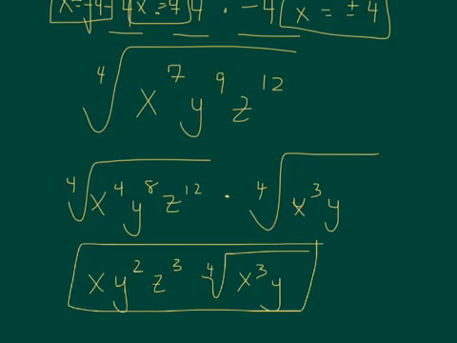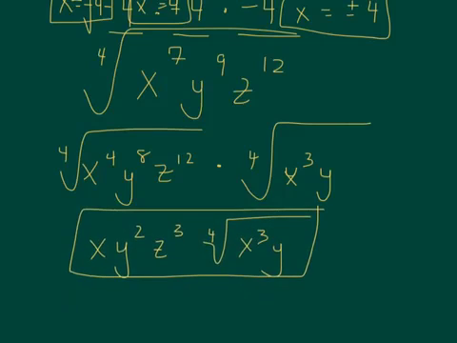Let's quickly reiterate what was just said. The x term that we see here is x because this was x to the 4th, and we have the fourth root. What was the conjecture that we came up with? Take the exponent and divide it by the index.